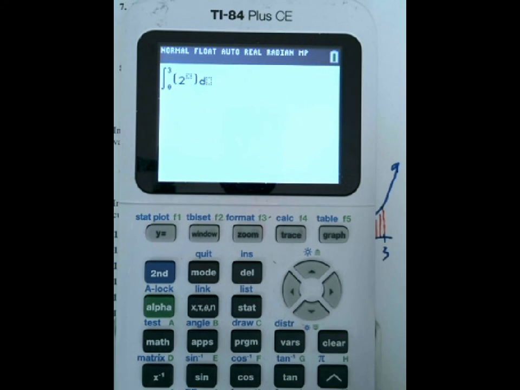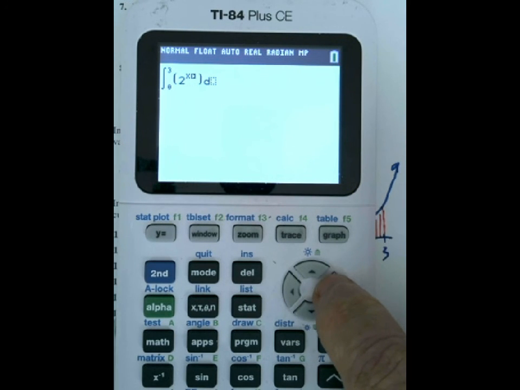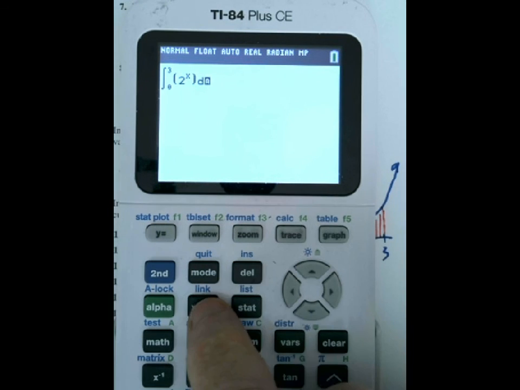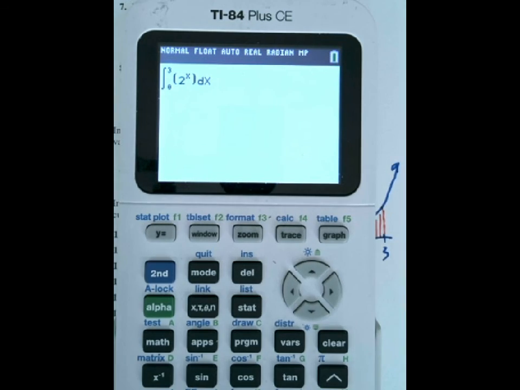Exponent to give us 2 to the x. Then I use the x key to put the x in there, and then arrow to the right again to get to the next blank box, and I just type in x. So we just type in what it has on your page there: from 0 to 3, 2 to the x dx, the integral from. Okay? Hit enter. Boom.